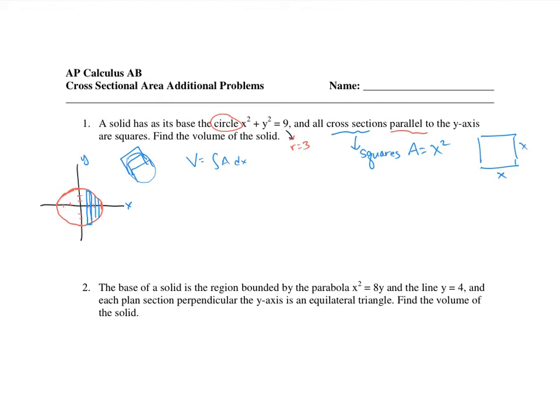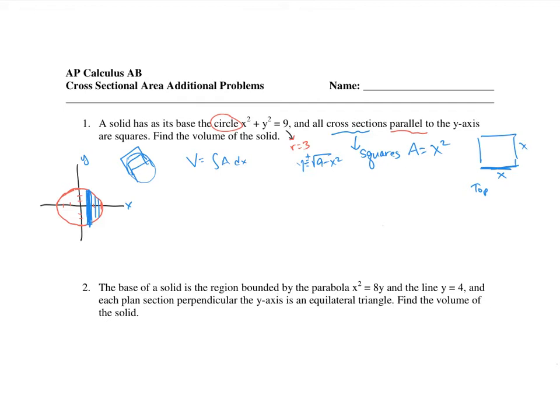But now, what is the length of this x? Well, it's the length from the top to the bottom of the circle. If we solve for the y value, y equals plus or minus the square root of 9 minus x squared.